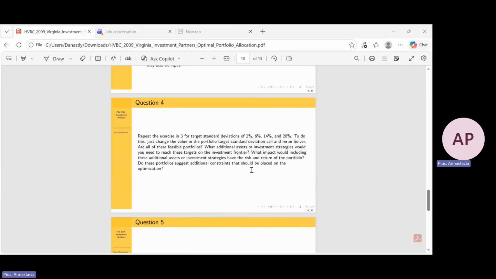On the other hand, it could also be including higher volatility assets such as emerging market equities, commodities, and alternatives such as hedge funds, private equity, and real estate. These expand the frontier upwards, enabling portfolios with 20% plus risk and higher returns, because as we saw at 20%, it is not feasible.